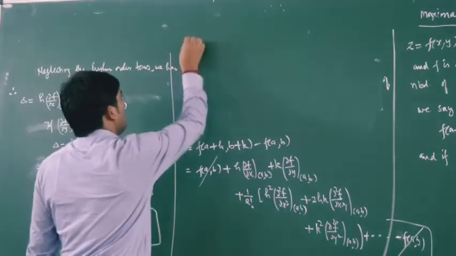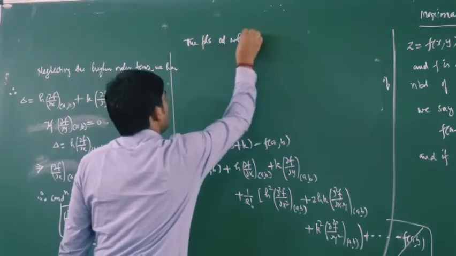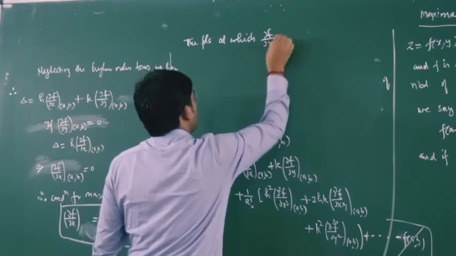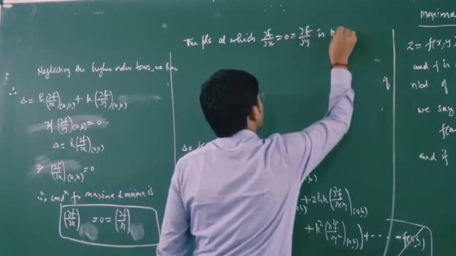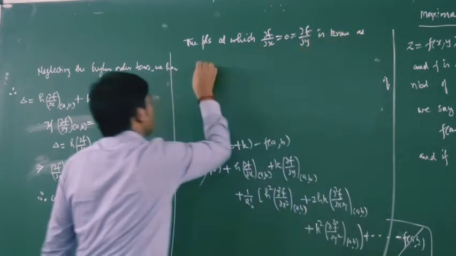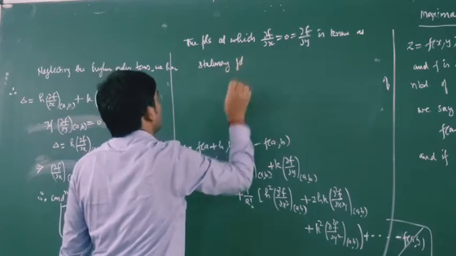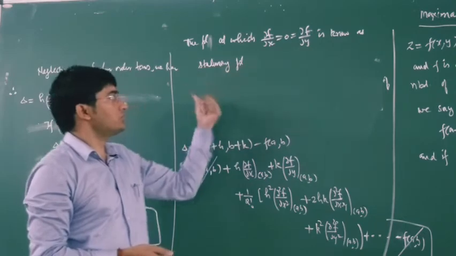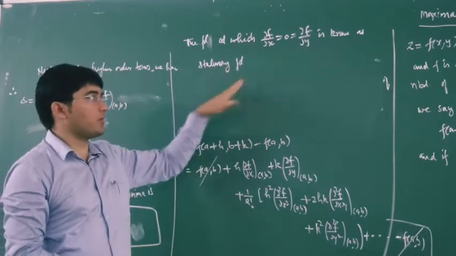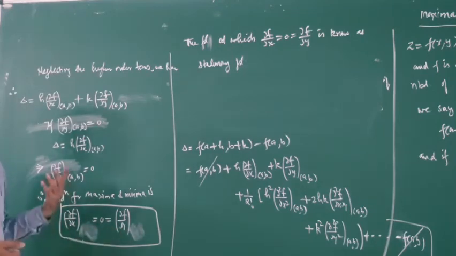Now the point at which del f upon del x equal to 0 and del f upon del y equal to 0 is known as a stationary point. The point at which del f upon del x and del f upon del y are equal to 0 is known as a stationary point. Or you can say that the solution of these two equations will give you the stationary points.